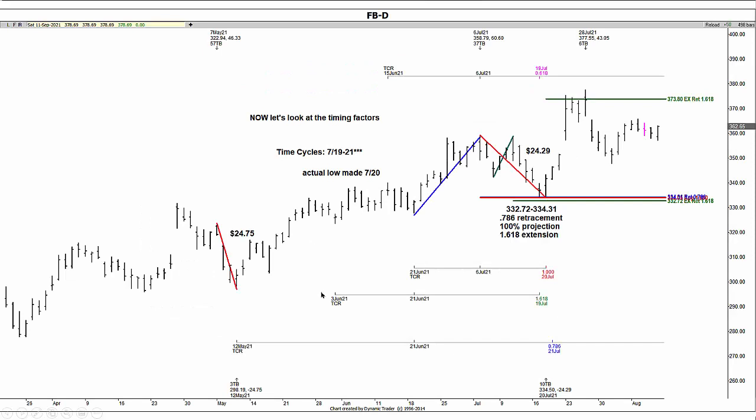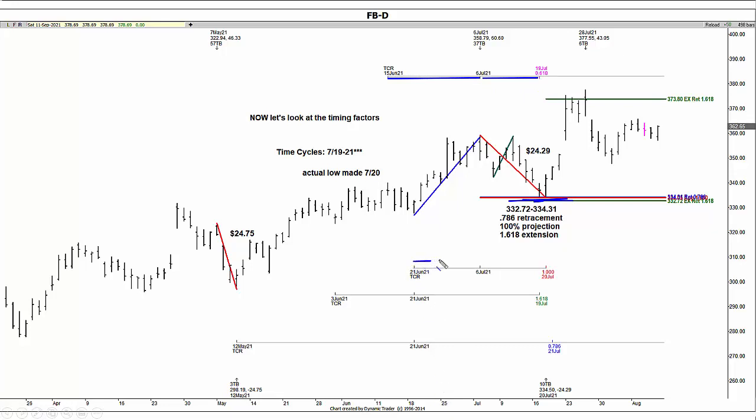Okay, so let's just look at a couple of examples. We're actually going back to that first cluster I showed you in Facebook. Okay, so we had the price support here, and it held. But at the same time that we tested support, we also had timing factors. One was this high to high. 618 in time came in on July 19th.